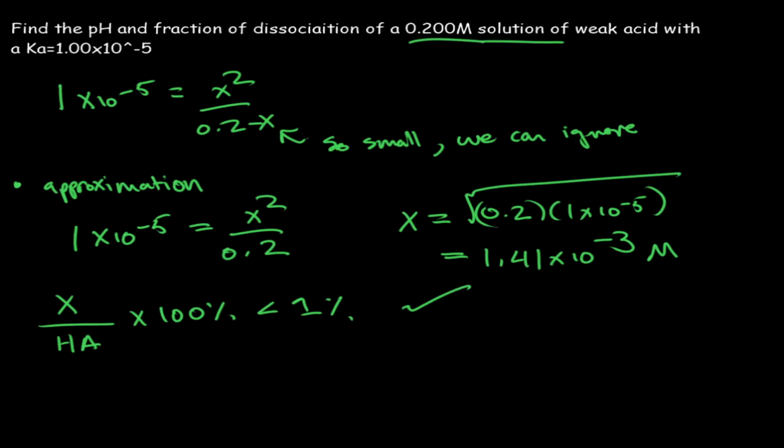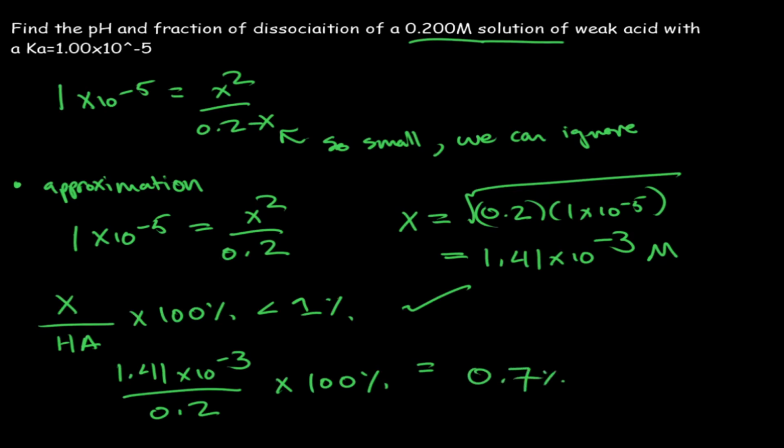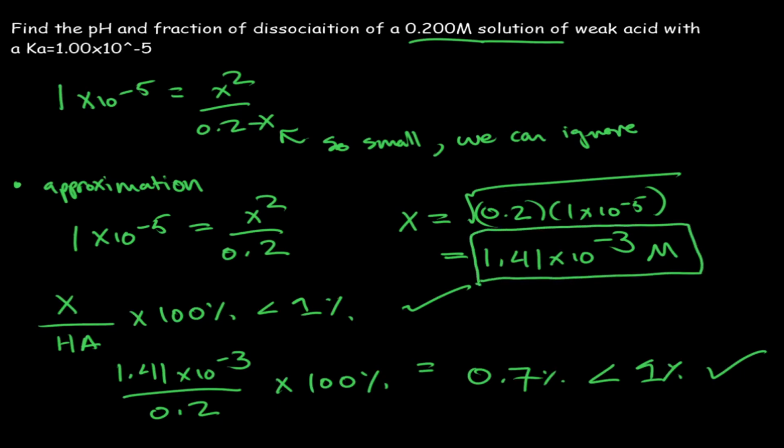But if it's not, then we have to use the quadratic formula. So 1.41 times 10 to the negative 3 divided by 0.2 times 100% will give us a value of 0.7%, and that is less than 1%. So in this situation, we can assume the value of X we calculated is an accurate value.